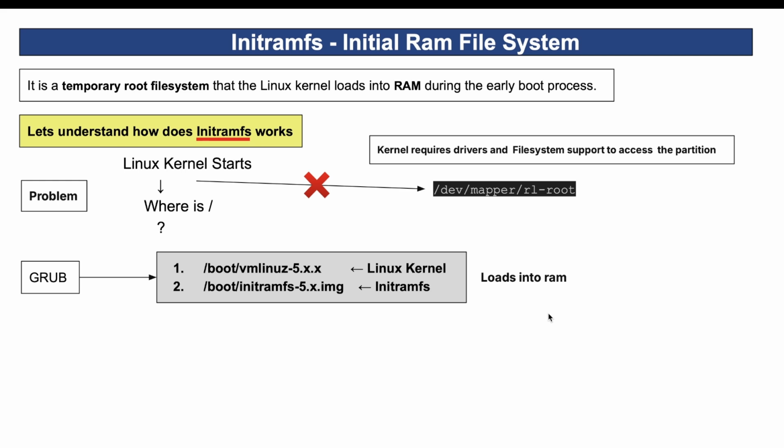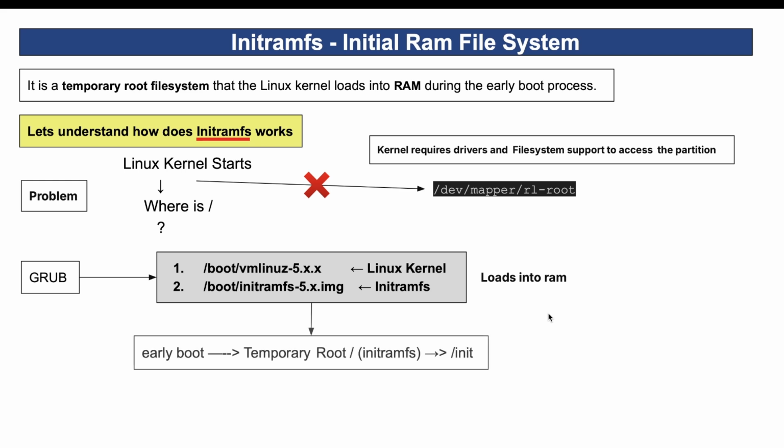Then the kernel unpacks the initramfs and uses it as a temporary root file system during early boot. This initramfs contains a very important main program called /init, and this program runs during the early boot. Once this /init is clear to you, all the story we discussed till now will be clear.